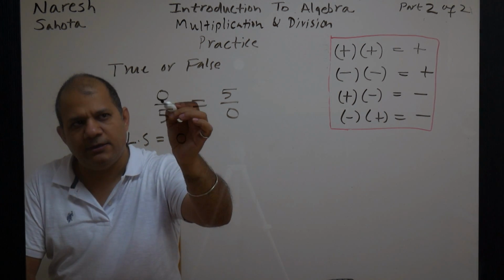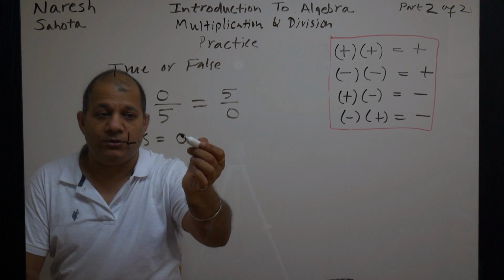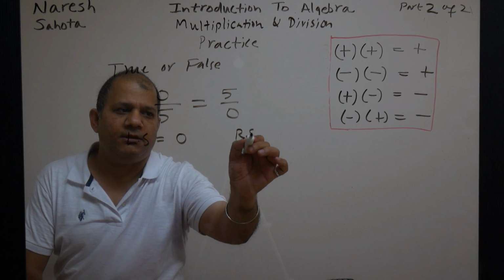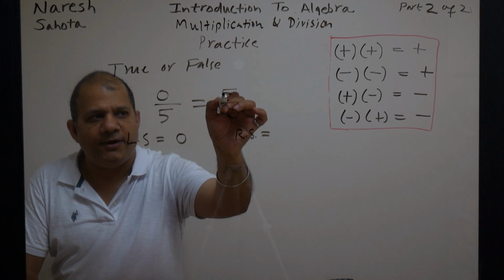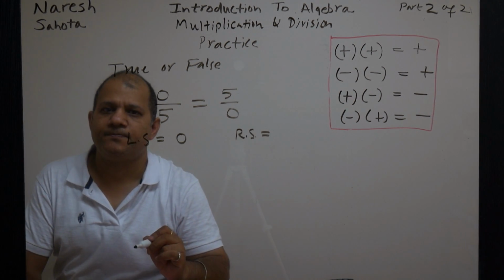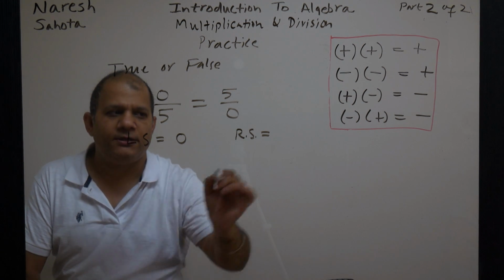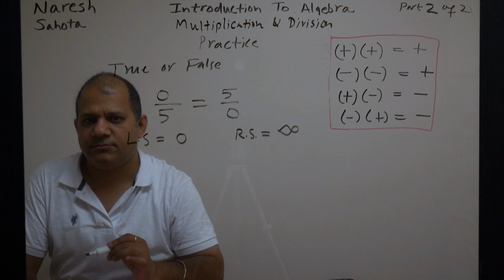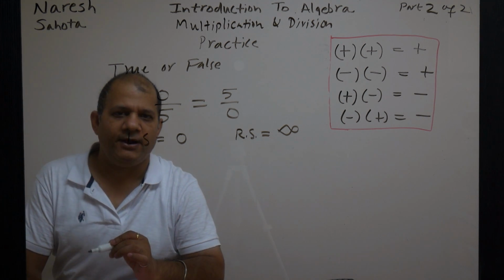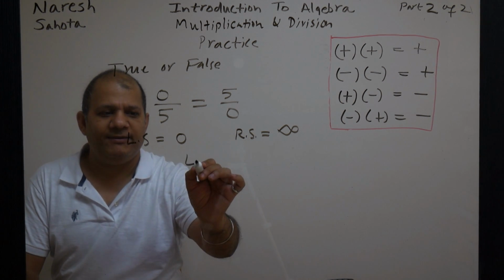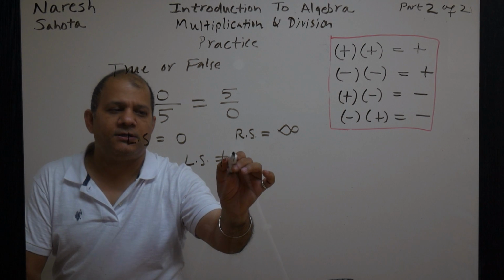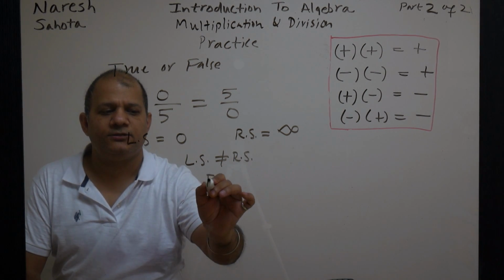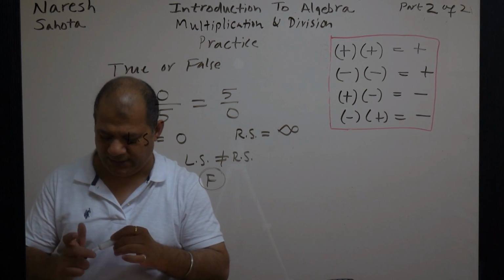We learned that earlier, 0 divided by any number will always give you 0. Now let's work out the right side. 5 divided by 0. We learned that we can't divide numbers by 0. We get undefined or infinity. So the left side is not the same as the right side. So this is a false statement.